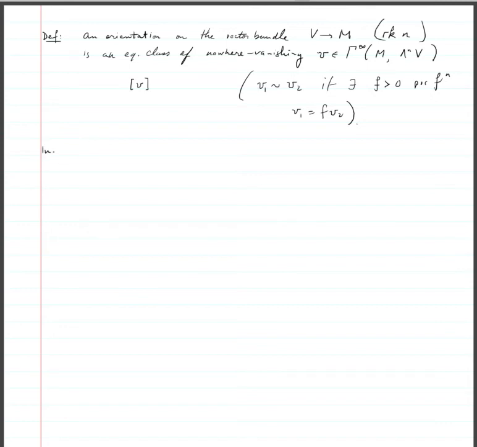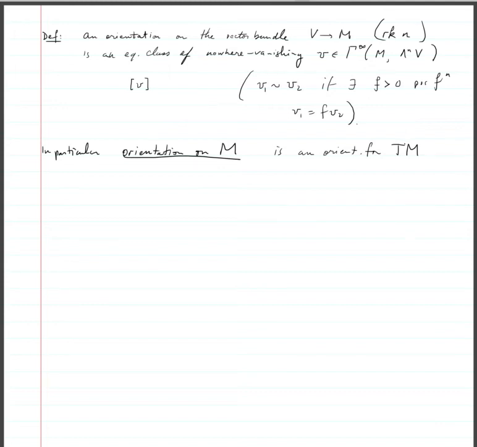And in particular, an orientation on the manifold M is an orientation for the tangent bundle of M, which is a vector bundle over M. So when we say that a manifold is oriented, what we mean is that the tangent bundle is oriented as a vector bundle, which means that we have to choose a nowhere vanishing section up to equivalence of the top power of TM.